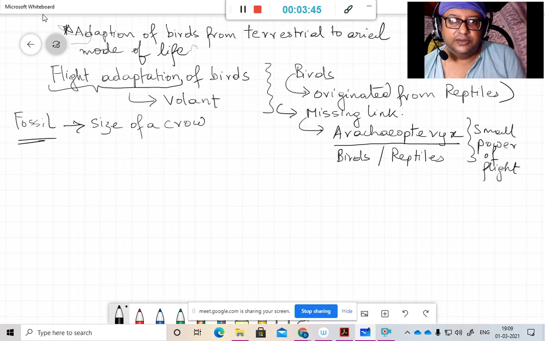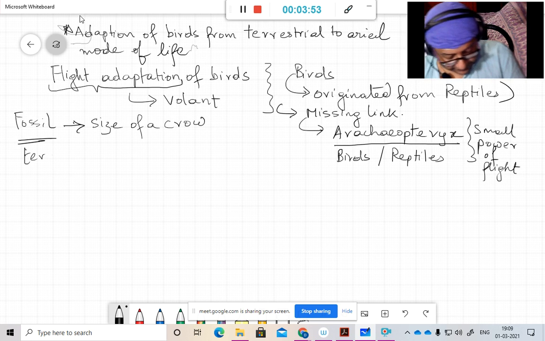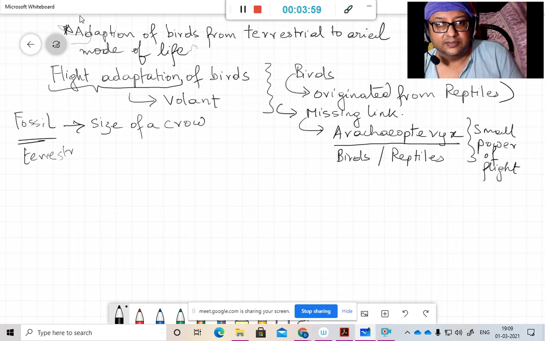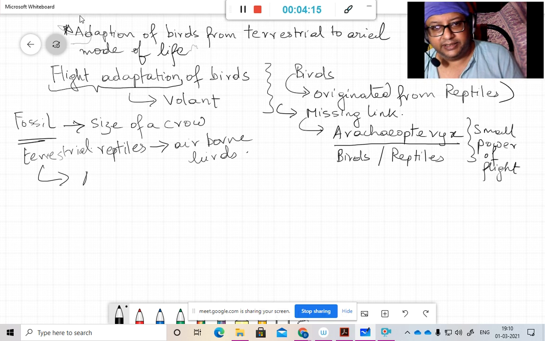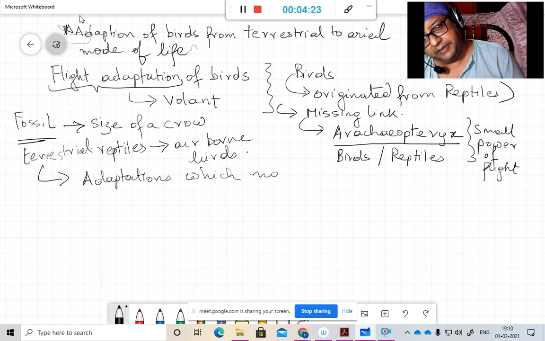So from terrestrial reptiles to airborne birds, they had certain adaptations which made it possible.